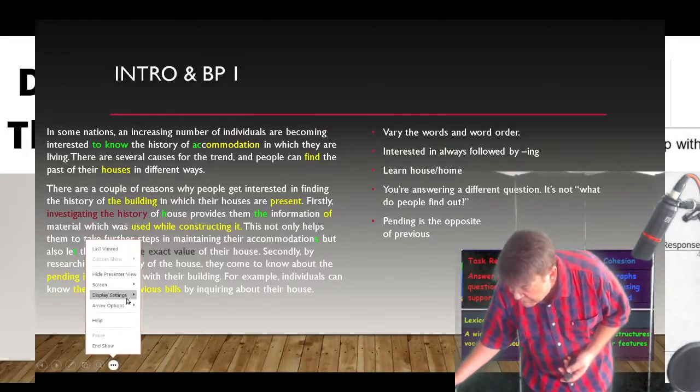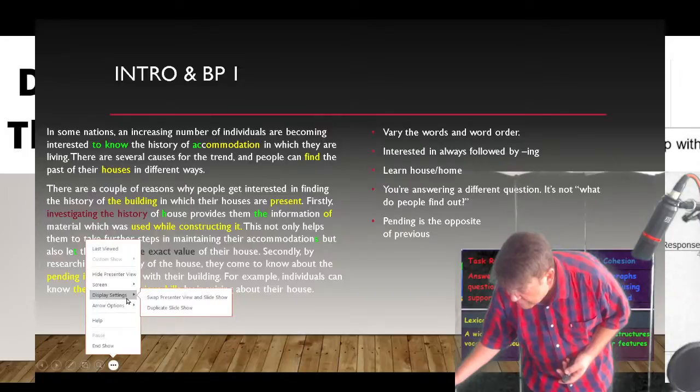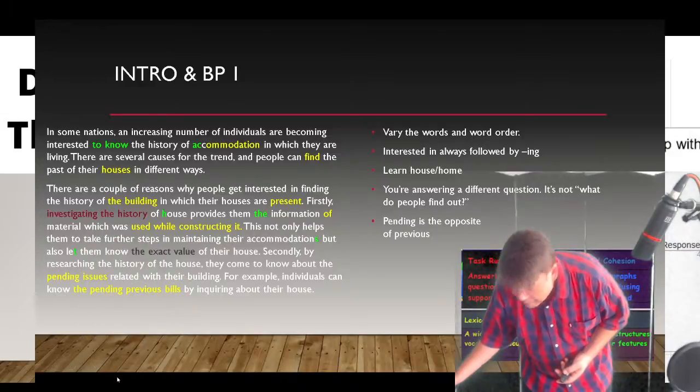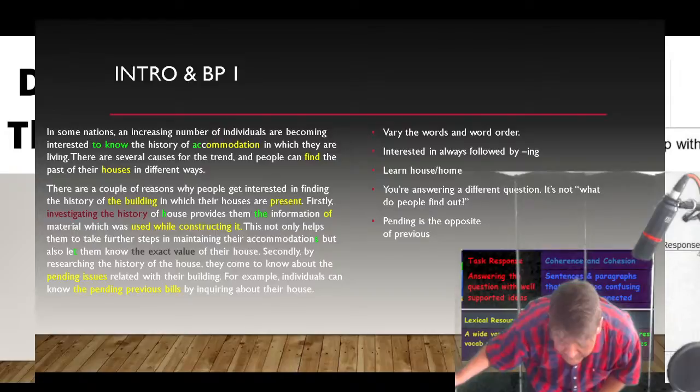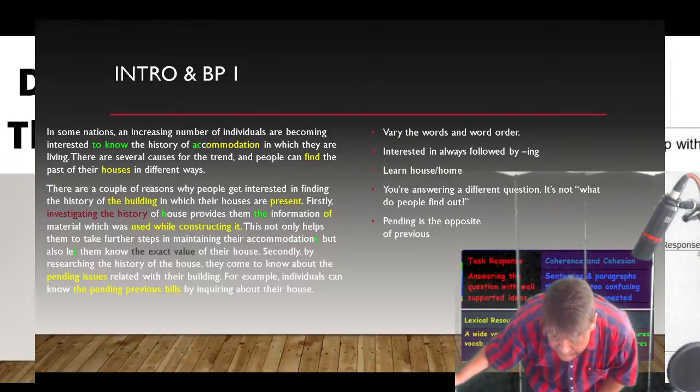Display settings. No. No. Show taskbar. Okay. Now.